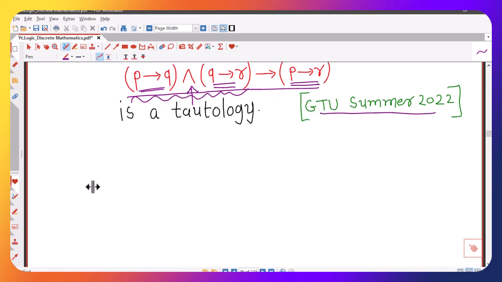And now I have three propositions in this compound proposition.